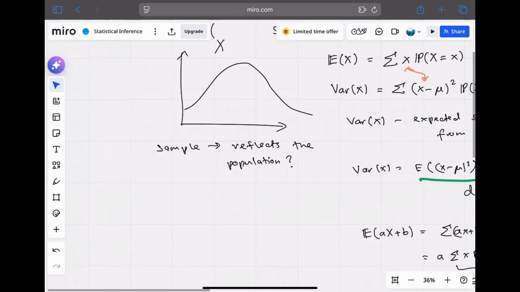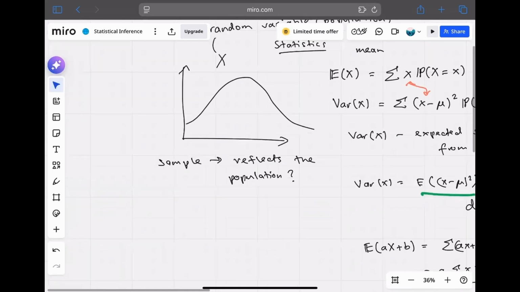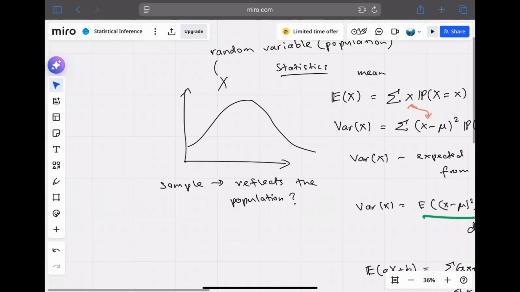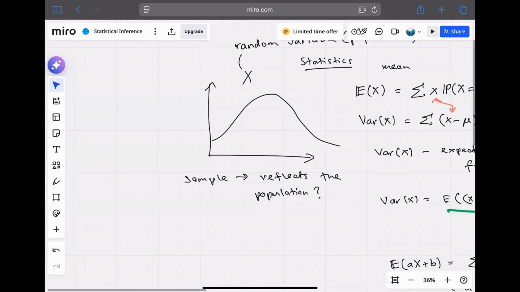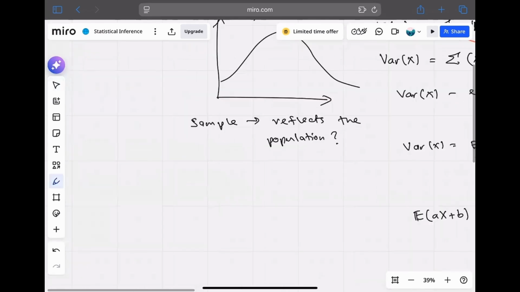For now, I'll assume that we know what the distribution of the population is. We know what the shape of it is. Let's just say it's this normal curve that we got. Okay, I go around and I take a sample. So I'll call it S, and it will be the set of points x1, x2, x3, and so on, up to xn.